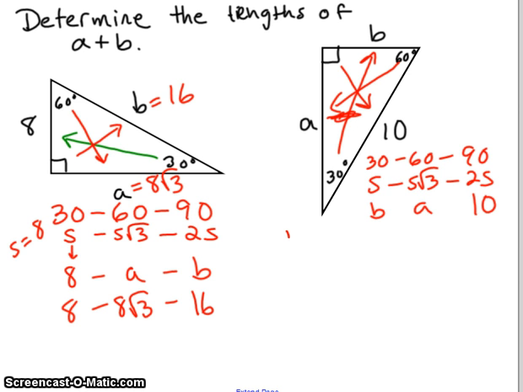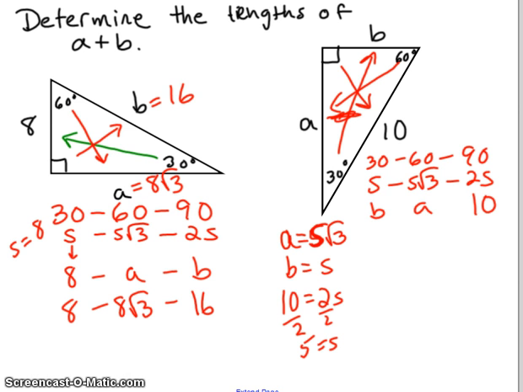So we know a equals s square root 3, b equals s, and 10 equals 2s. Well, if 10 equals 2s, then s equals 5. Therefore, b equals 5.